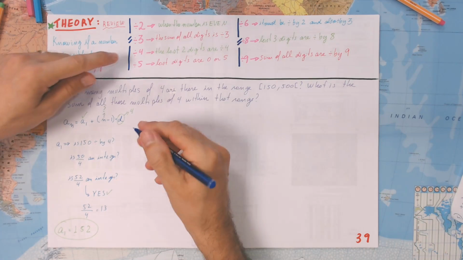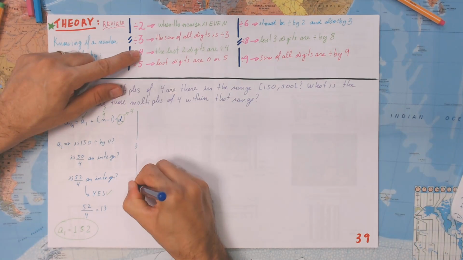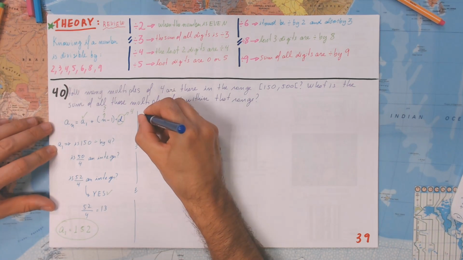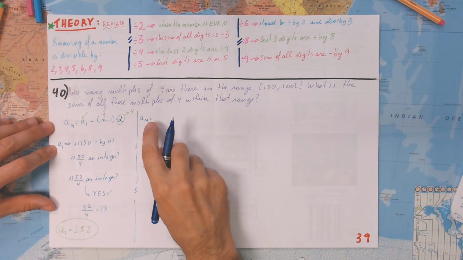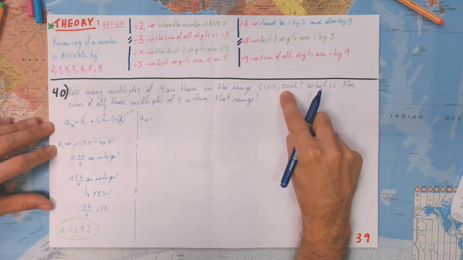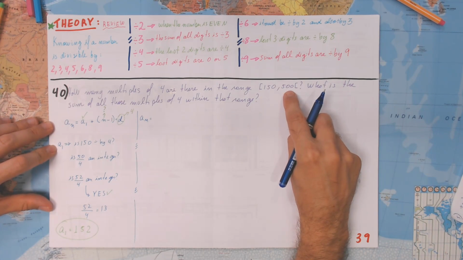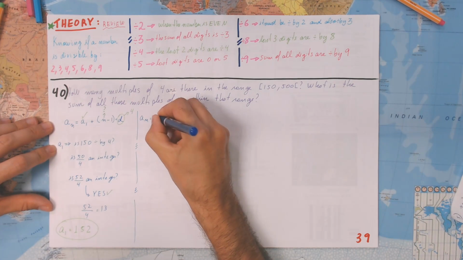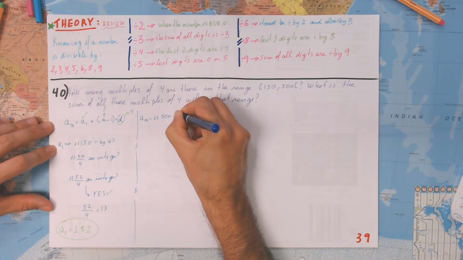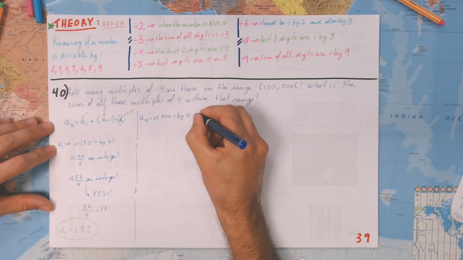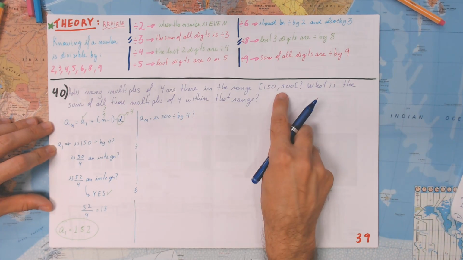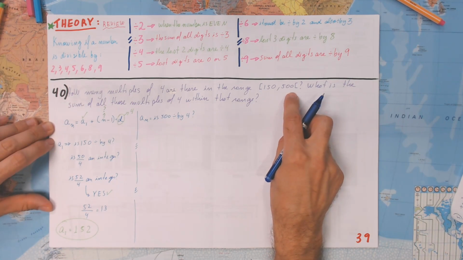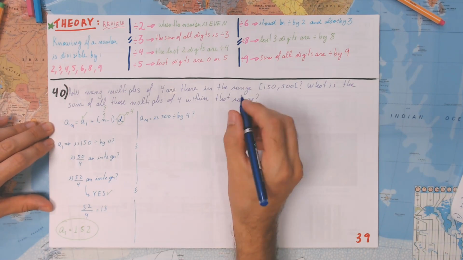Now let's find the last one, AN. Well, it goes over to 500. Now, is 500 divisible by 4? Well, actually it doesn't matter, right? Because we're not going to use it. But let's see, because if it is, I just have to subtract 4. Yes, it is. Why?